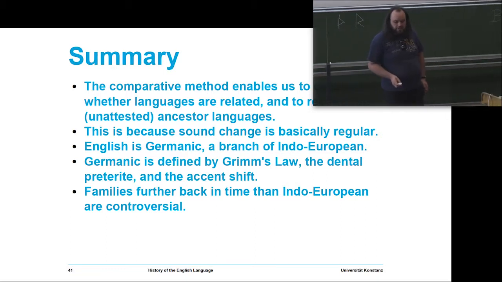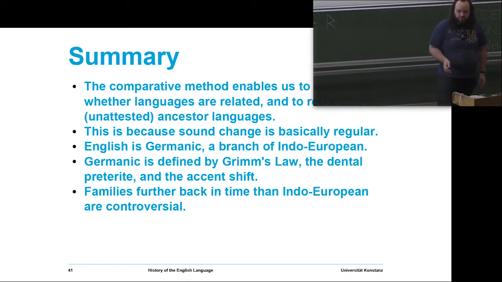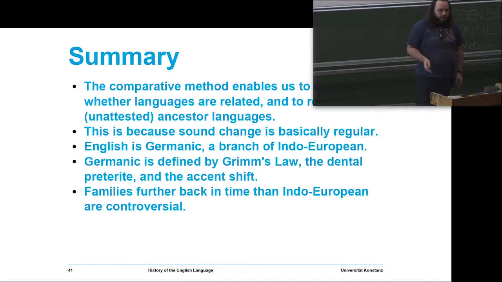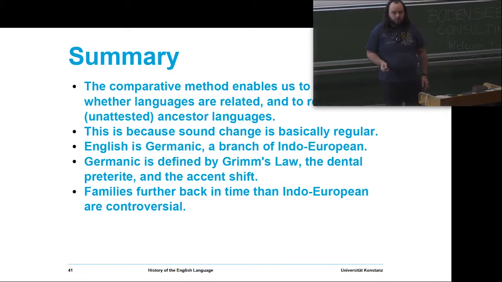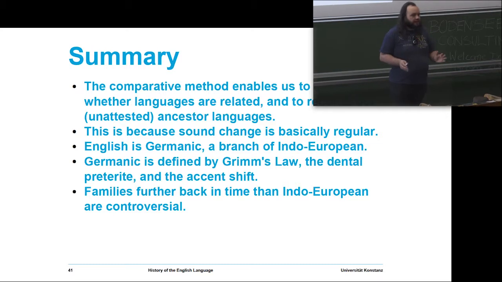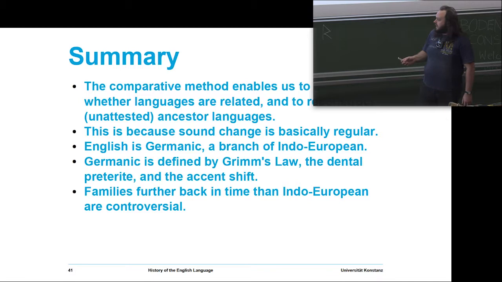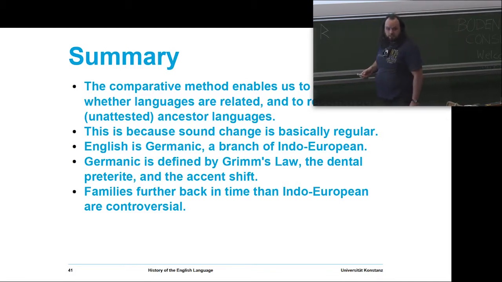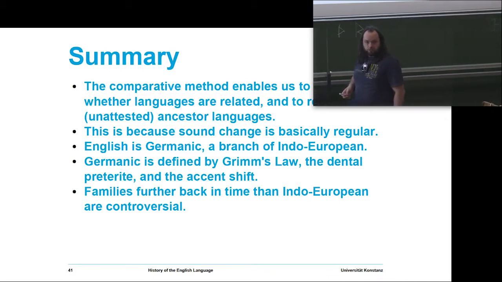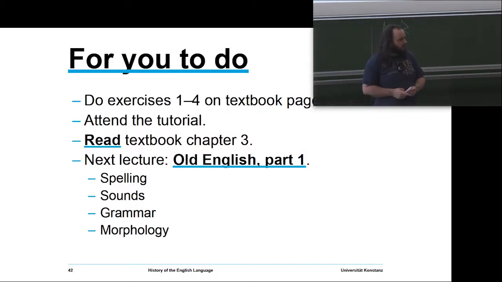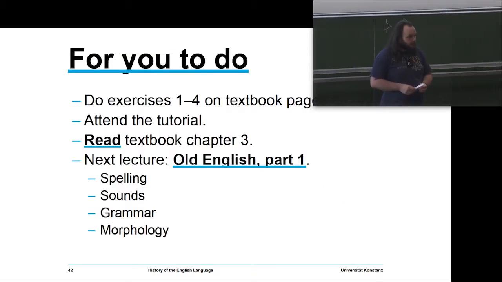We can establish also that Germanic is a branch of Indo-European, and it's defined by certain particular changes that set it apart from the other Indo-European languages. These are Grimm's law, a phonological change, the dental preterite, which is a grammatical change, and the shift of accent to the first syllable. Finally, anything further back in time than Indo-European gets us into controversial territory where linguists don't always agree with each other and where there is no firmly accepted truth.